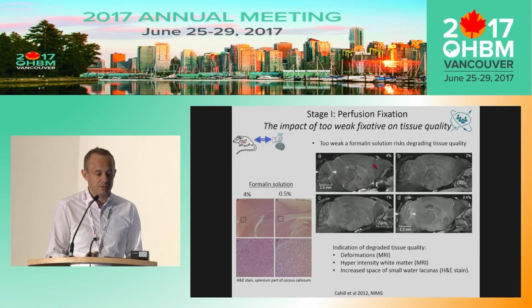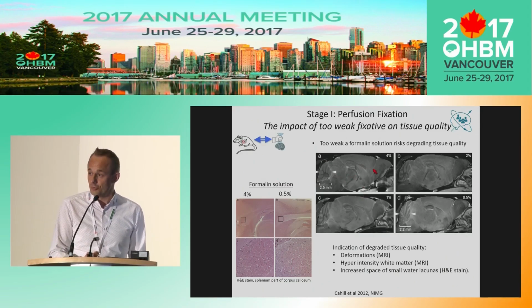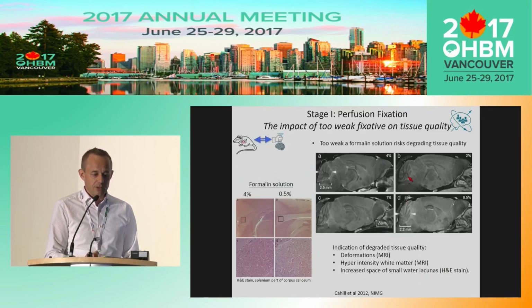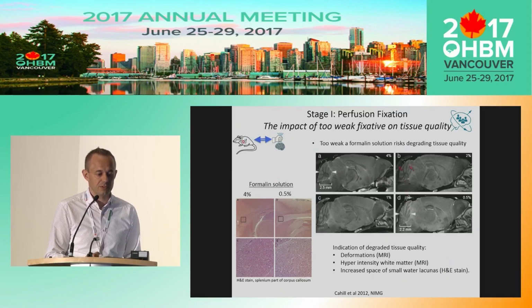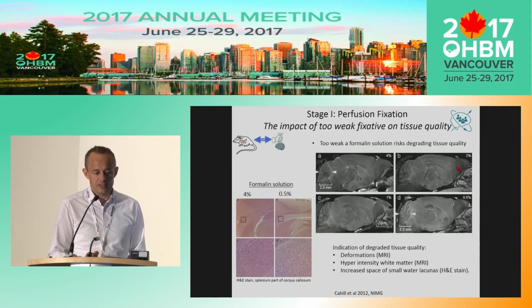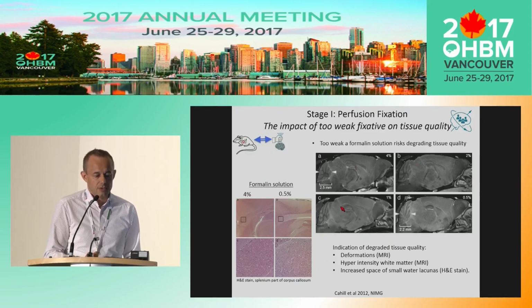One thing is that you need to ensure that the solution of the fixative is strong enough. So this is an example where the rat brains have been perfused with different solutions of formaldehyde, and with about 4% and even a bit about 2%, then you get robust staining. At lower fixative, you can see you start to get hyperintensities in the T2.